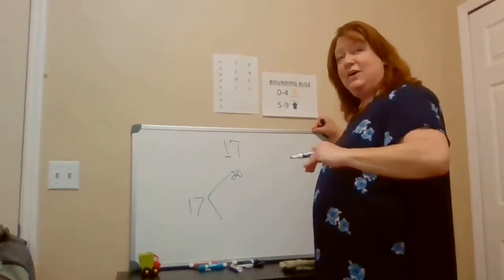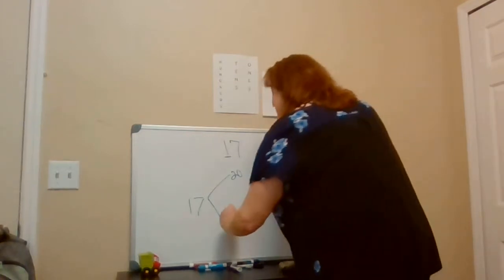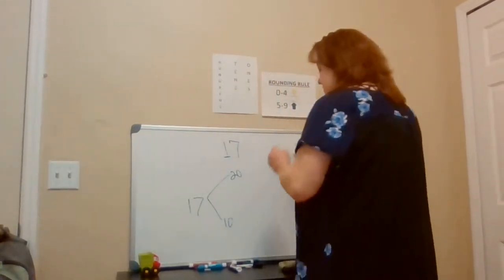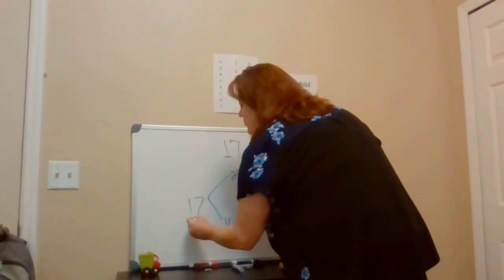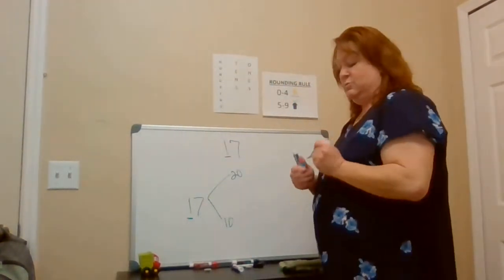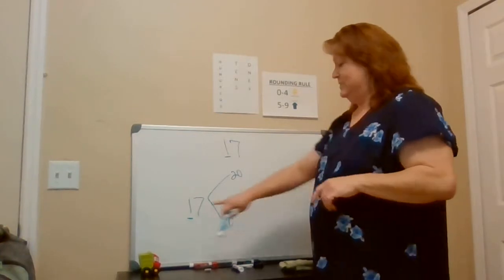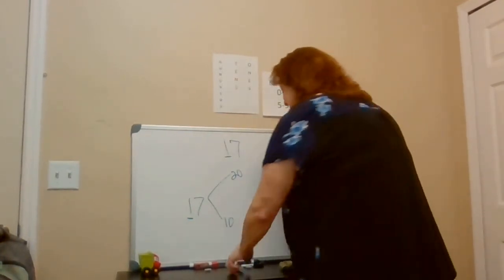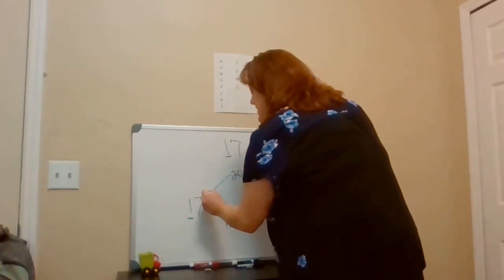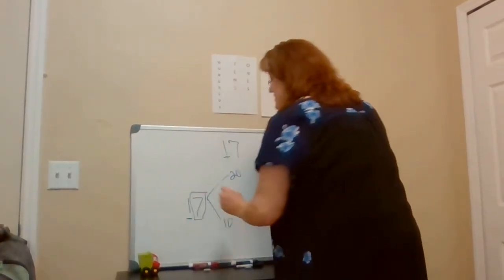And the next 10 down from 17? Good, 10. Okay, so now, who can tell me if I am rounding in the tens place, which number am I going to look at? Am I going to look at my tens number to figure out how to round? Very good, no. I'm going to look in my ones place.